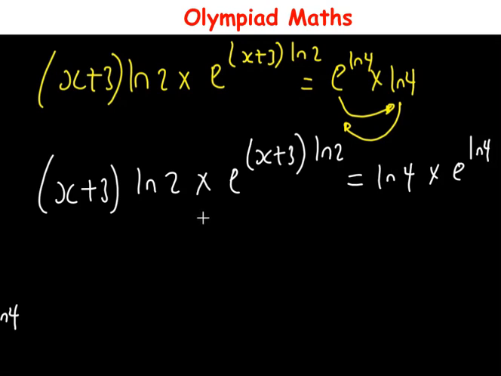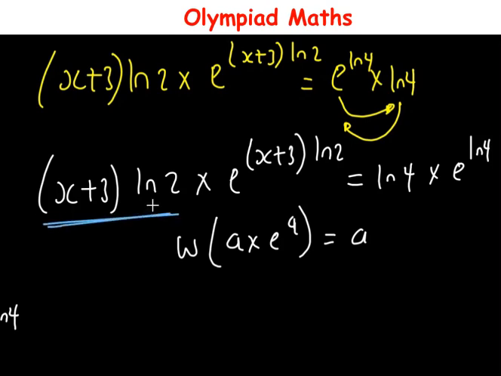So then, making use of the Lambda W function, that if you have W of (A times e raised to power A), this is equal to A. Now, if you look closely, what you have here is equal to the power of e, and the same thing here also is equal to the power of e.